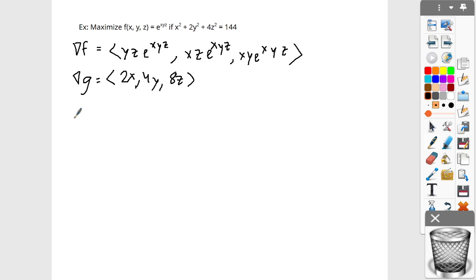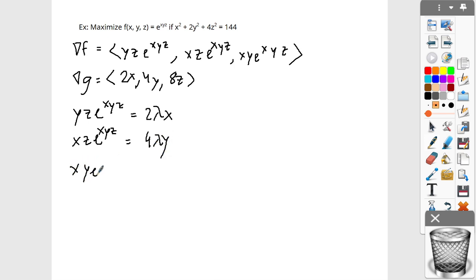So let's do the multipliers. yz e^(xyz) is equal to 2 lambda x. xz e^(xyz) is equal to 4 lambda y. And xy e^(xyz) is equal to 8 lambda z.